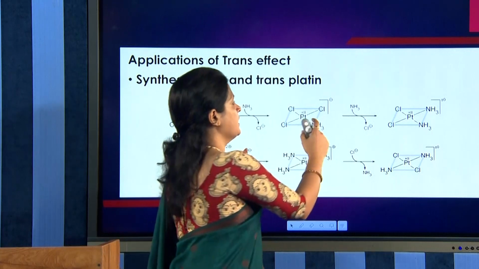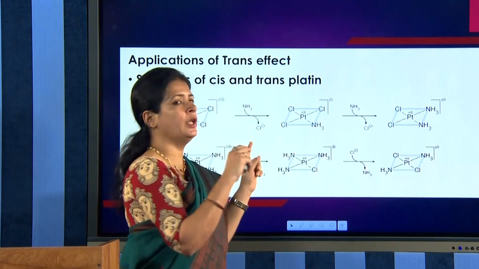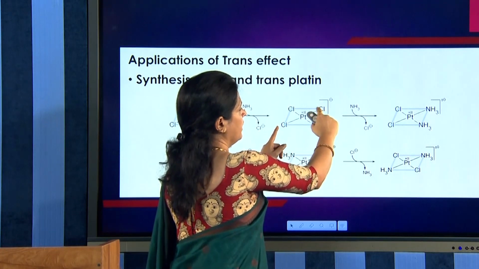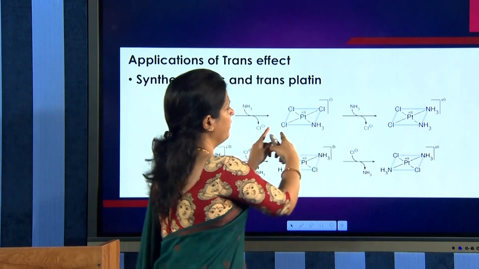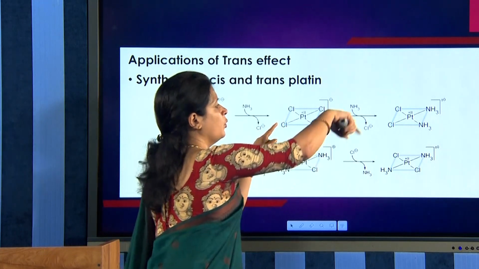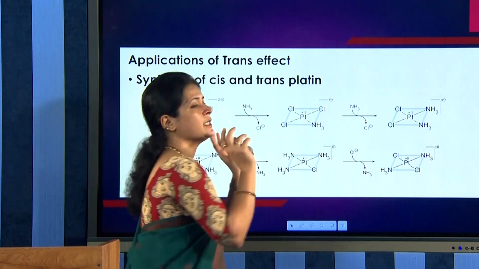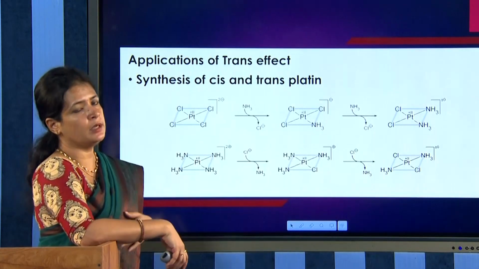So, this Cl minus has the ability to direct the incoming ammonia to the trans position. If this Cl is considered, this ammonia will be attached here, or if this Cl is considered, the coming ammonia will be attached here. Either way, the same product is formed, that is the cis isomer. The cis isomer is the product.